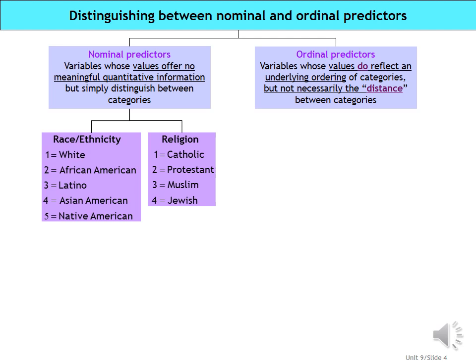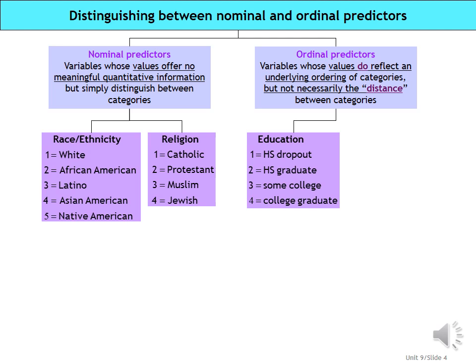Continuous variables have equal distances between values, but ordinal variables give values to order them, and the distances are not equal. For example, high school dropouts, high school graduates, some college and college graduates.